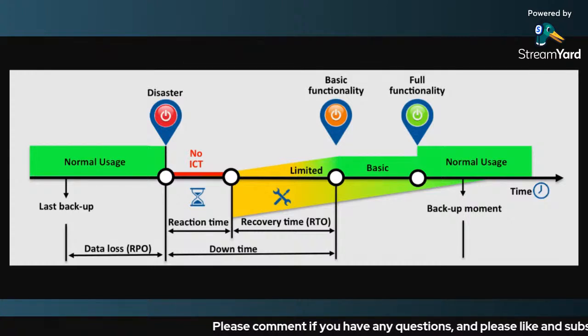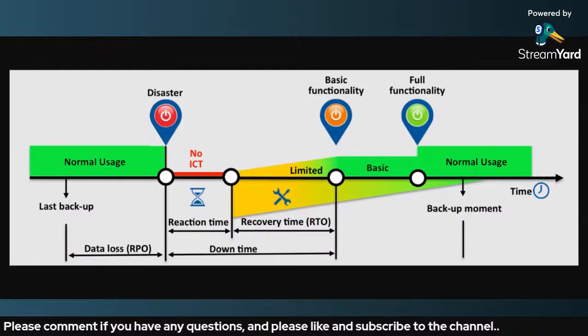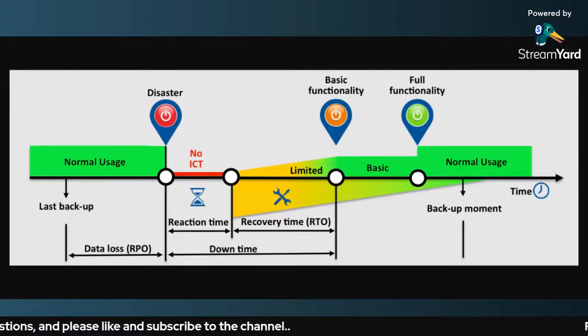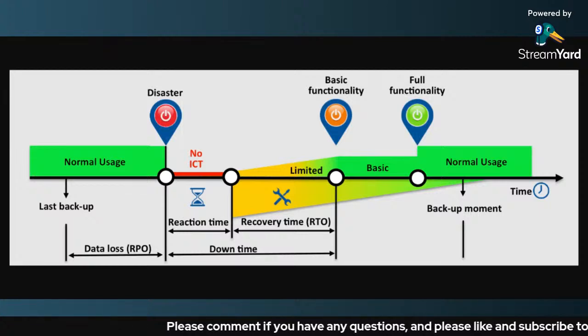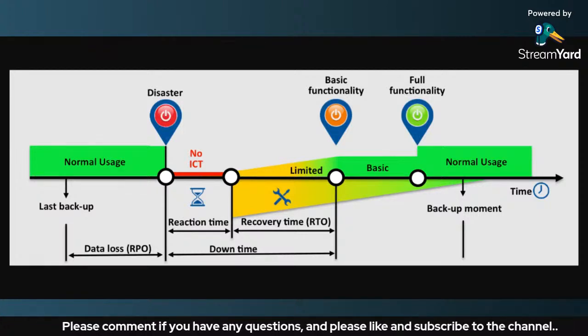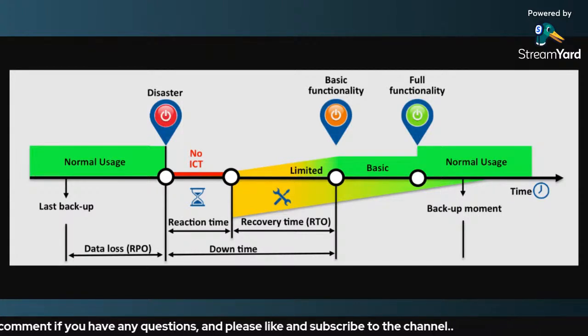That's why I have considered this figure, so that you understand that whenever you are recovering from any disaster, initially it takes time to pull up all the infrastructure equipment, and it entirely depends upon what kind of disaster recovery modes you have, whether you have a hot site, a cold site, or a warm site.